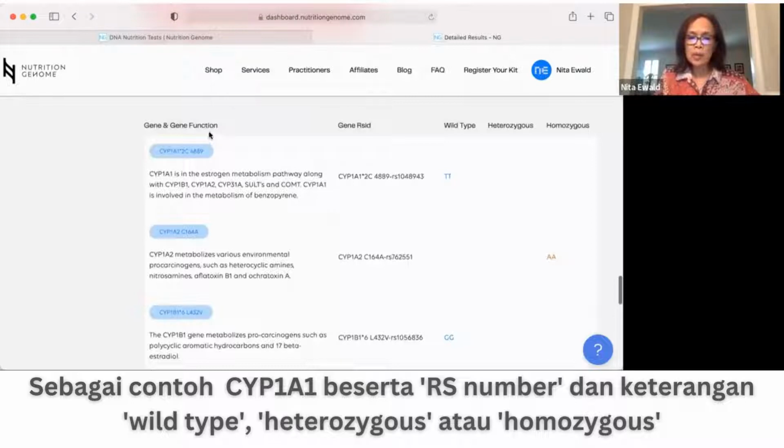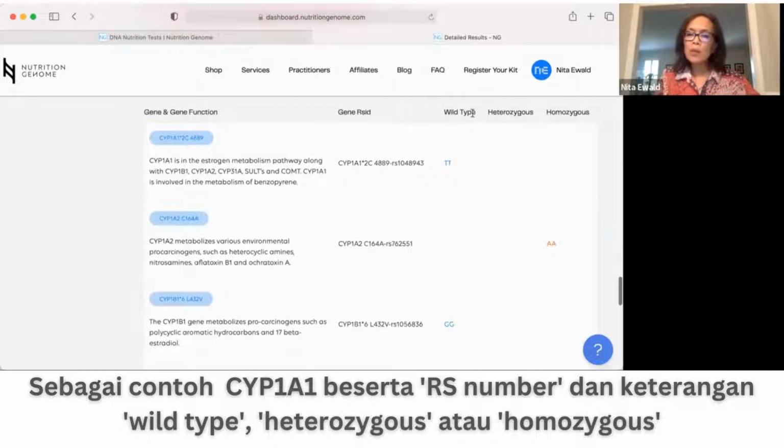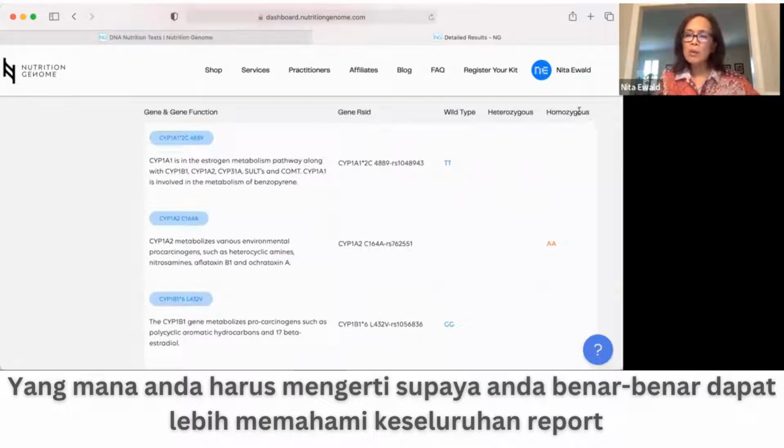For example, this one, the CYP1A1, and then I have the RS ID number, and then I have the wild type, heterozygous or homozygous, which I think you need to understand in order to understand the rest of the report better.